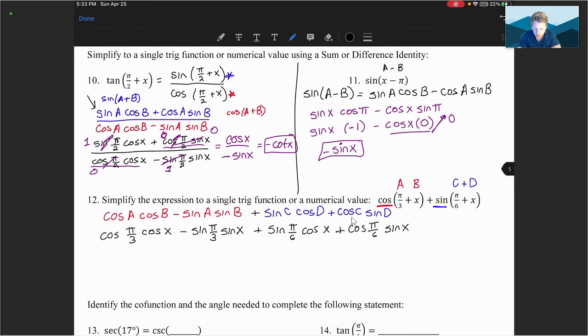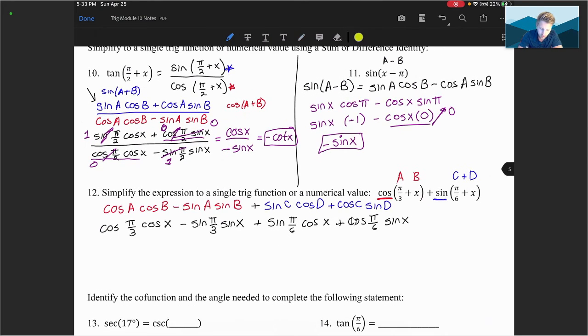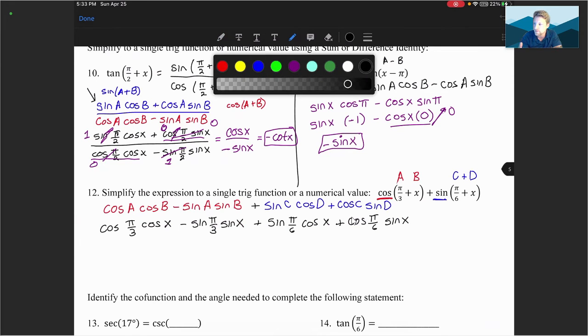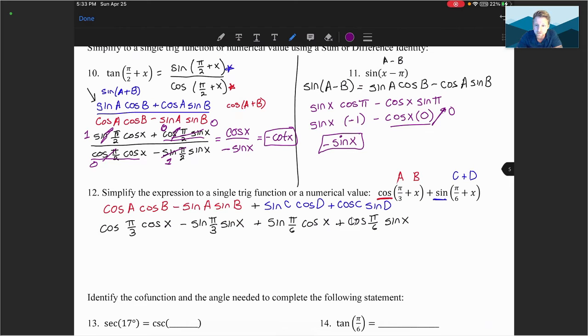So let's see where we can evaluate this expression. We have some x's left, so we know we're going to get some function of x when we're done. So let's continue with this. Try to fill in the details. So cosine of pi over 3, starting over here, that's cosine of 60. We know that to be 1/2.